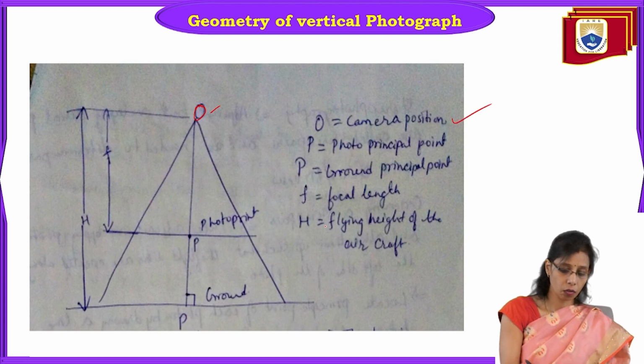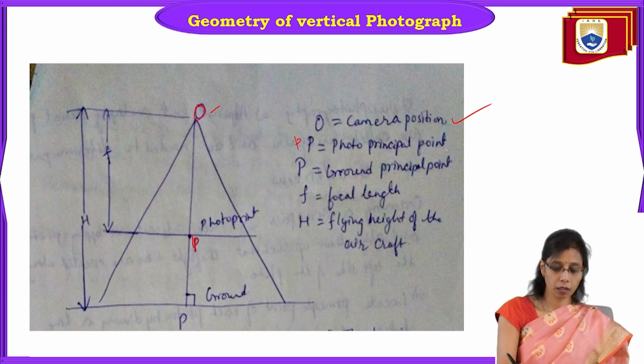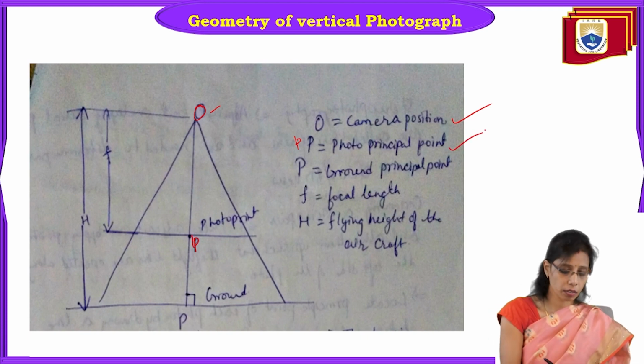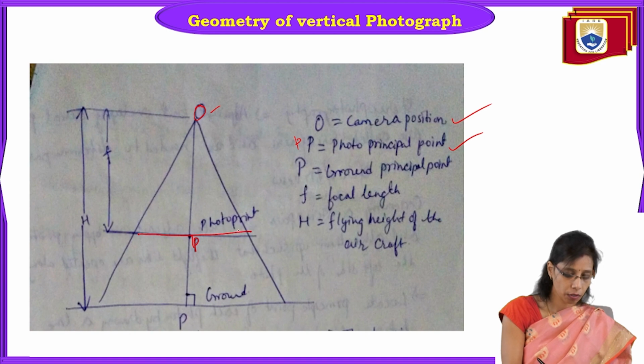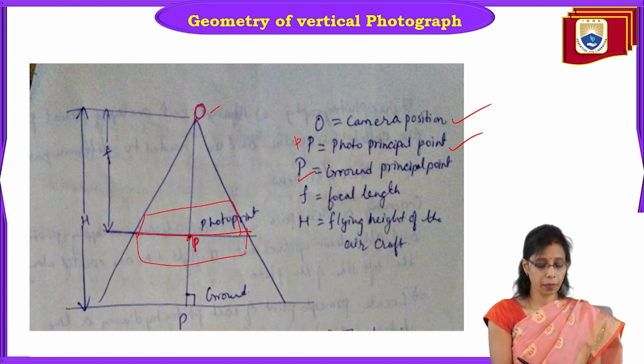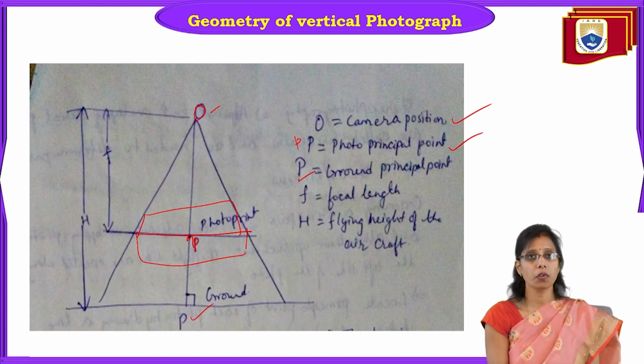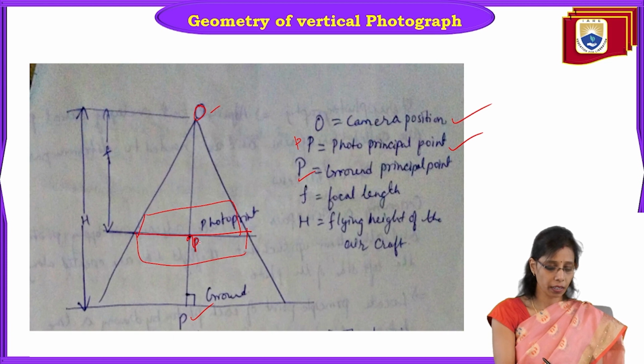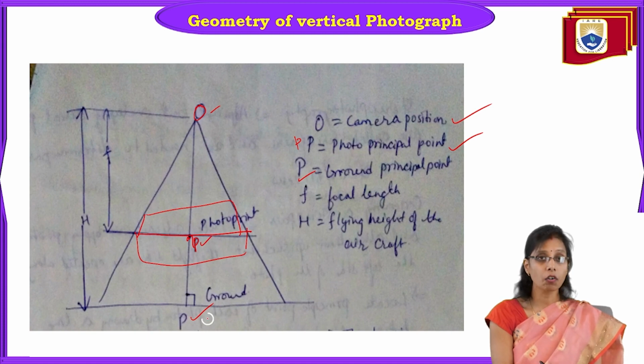Small p is the photo principal point, and this is your photo. Whereas capital P is the ground principal point. So you have the small p, the photo principal point, and here you have the ground principal point.